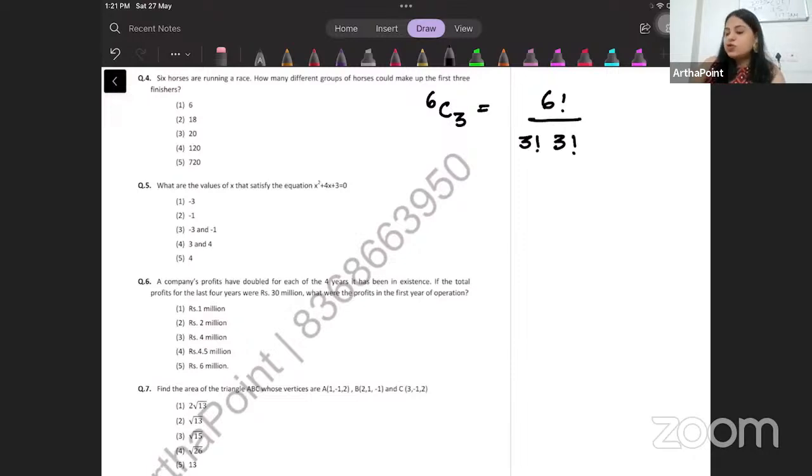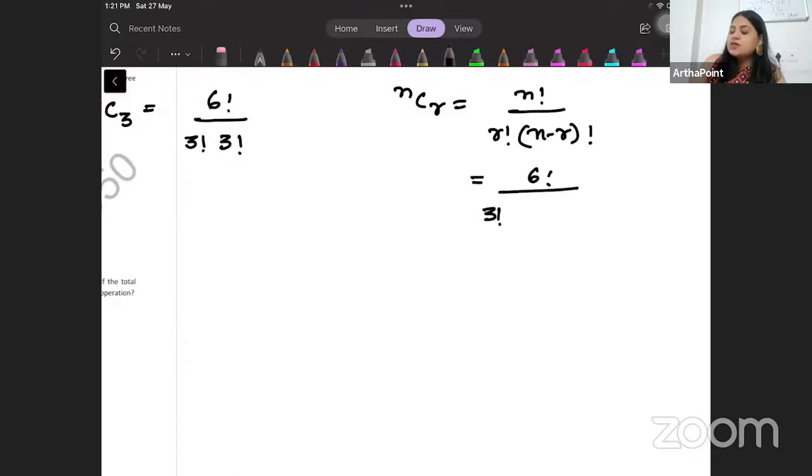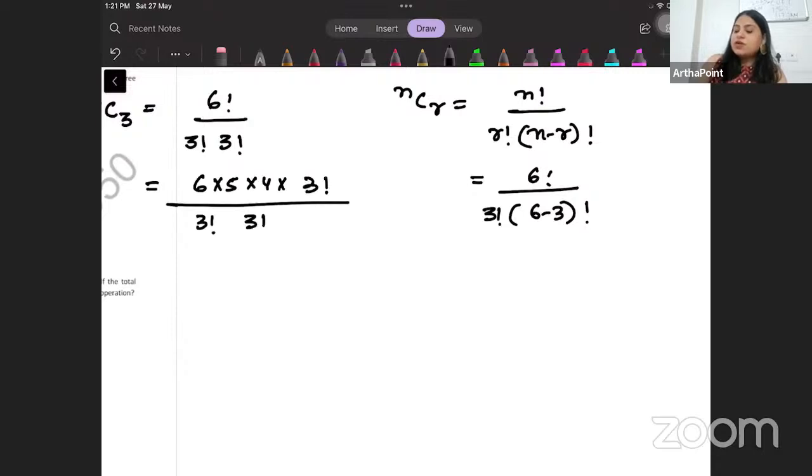कैसे आया ये बेटा? We should know this. So nCr is n factorial over r factorial, n minus r factorial. So 6C3 will be 6 factorial over 3 factorial, 6 minus 3 factorial. है कि नहीं है? So when I solve this, I will get 6 into 5 into 4 into 3 factorial upon 3 factorial, 3 factorial.